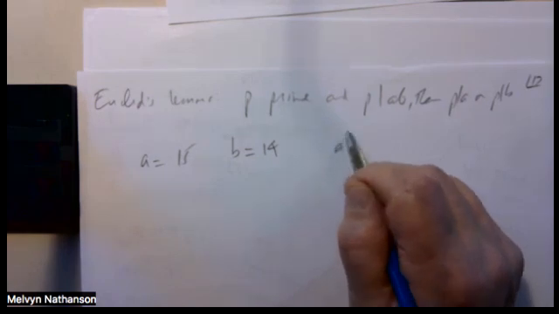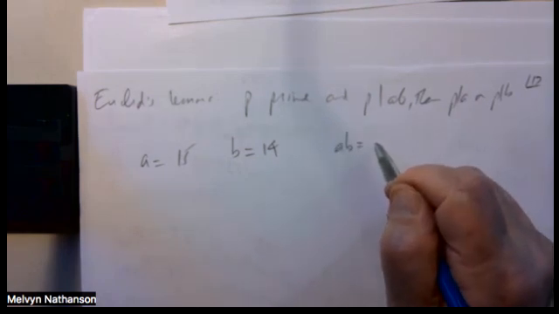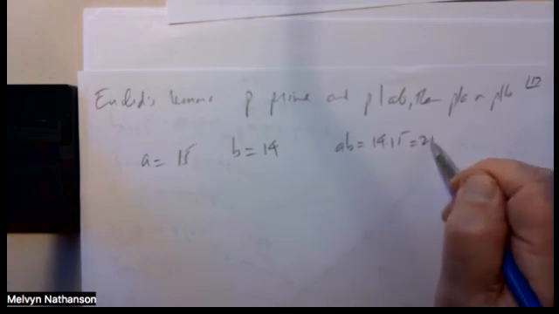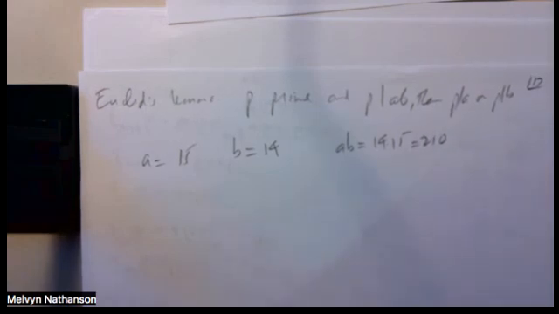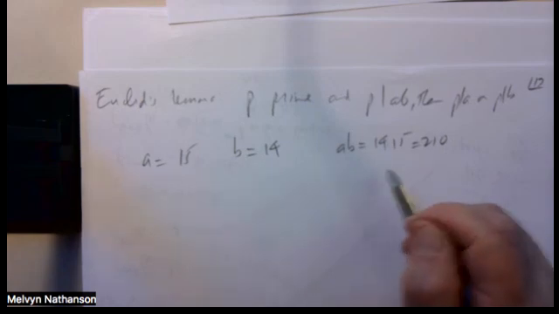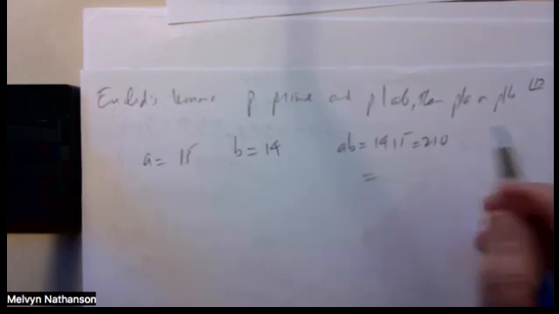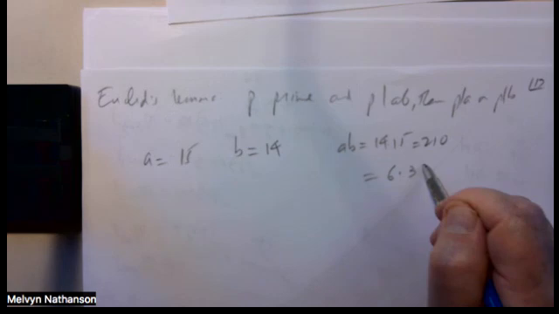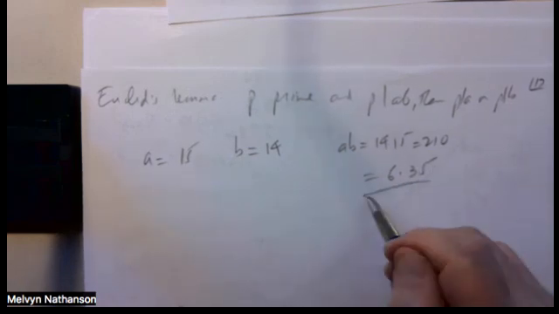So A times B is 14 times 15. That's 210. 210 is 6 times 35.